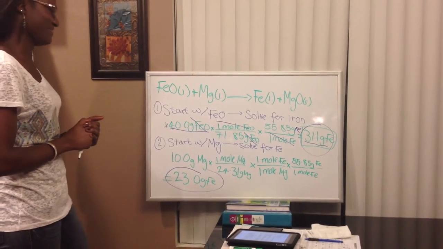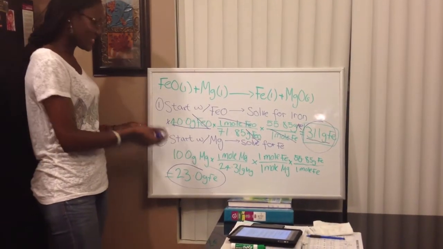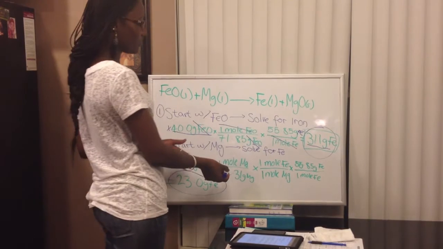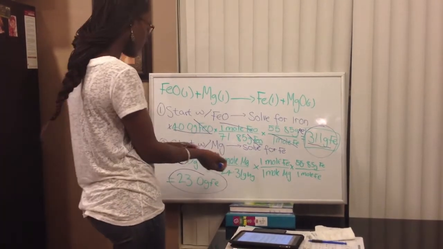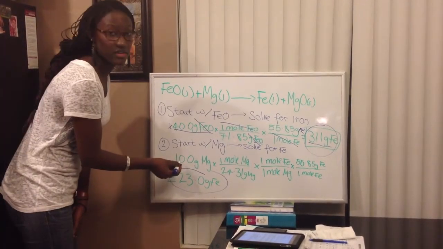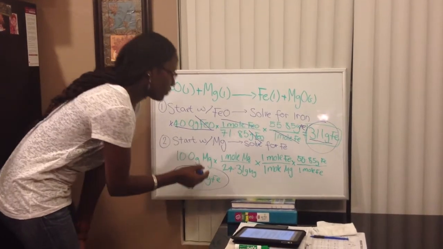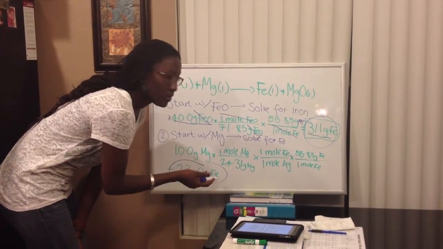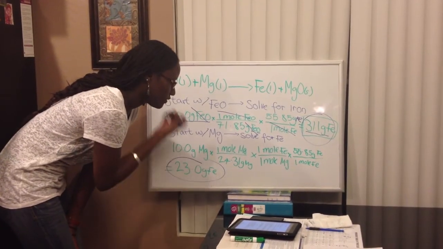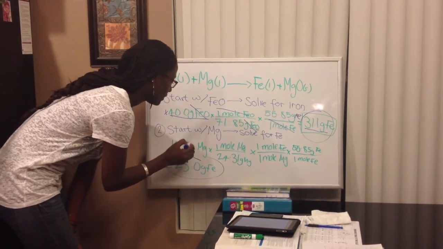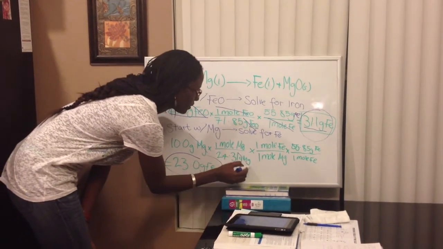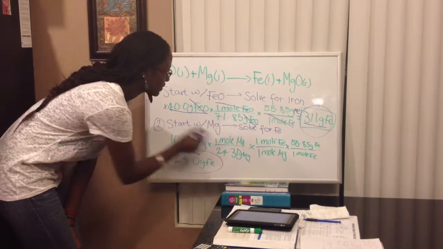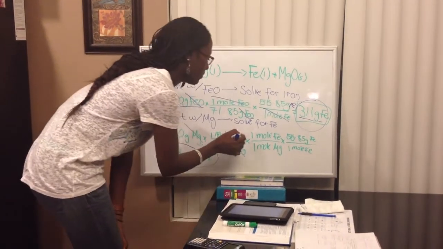Second, we start with magnesium, and we need to solve for iron. So we have 10 grams of magnesium, and we want to know the molar mass of magnesium. We start with our given, of course, and then we cross that out, and now we're in moles.